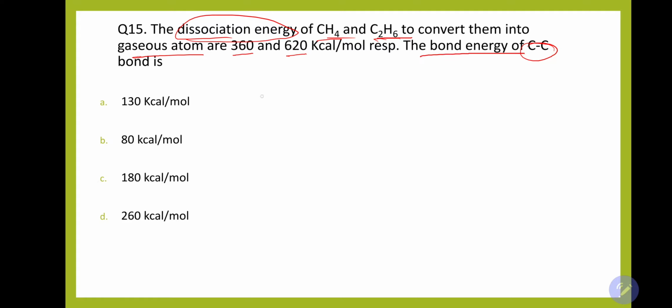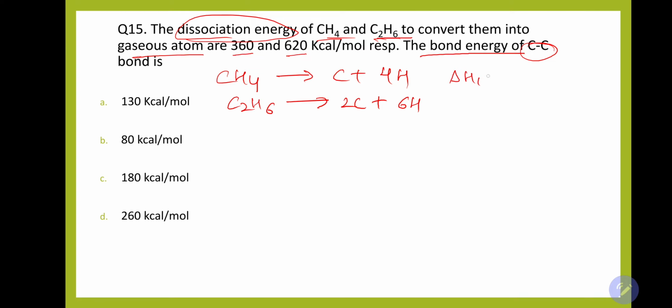Now basically whenever we are writing the equation of methane, so what will be methane? Methane is formed by C plus 4H. Am I right? Okay, and how is ethane formed? Ethane is formed by 2C plus 6H, right? Okay, so your delta H1 will be 360, and your delta H2 will be 620.